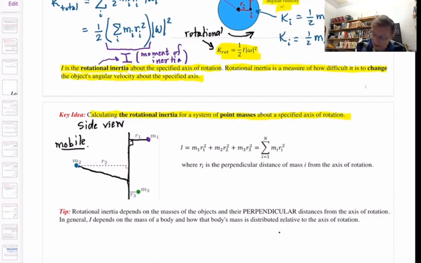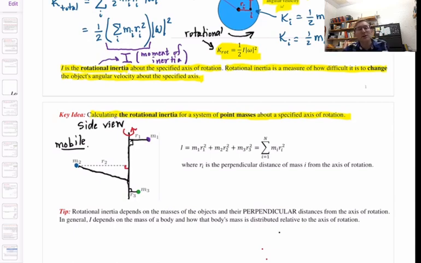Therefore, I've also drawn in the picture a dashed line that is the perpendicular distance from the mass M2 to the axis, and that's labeled R2. And then the third particle, M3, is connected by a light massless rod that is indeed perpendicular to the central axis, and its distance is R3. And this whole mobile can rotate, say like that, about that vertical axis.